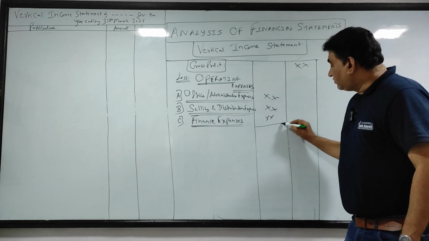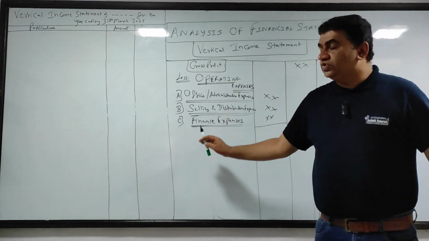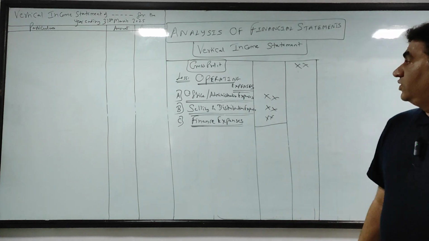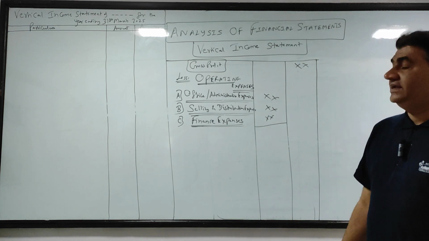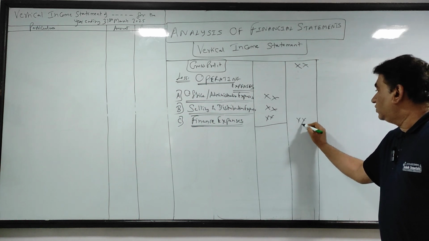So these are my three operating expenses. Operating expenses are classified in three categories: office, which we also call admin, selling and distribution, and finance. Take the total of these.